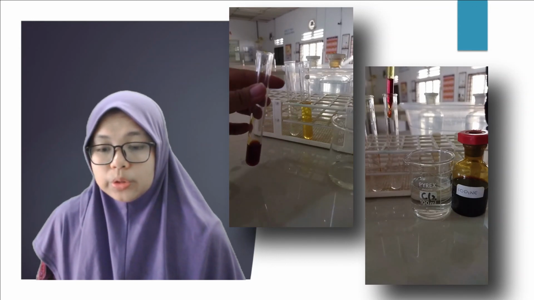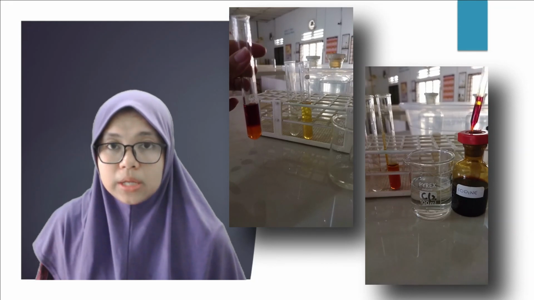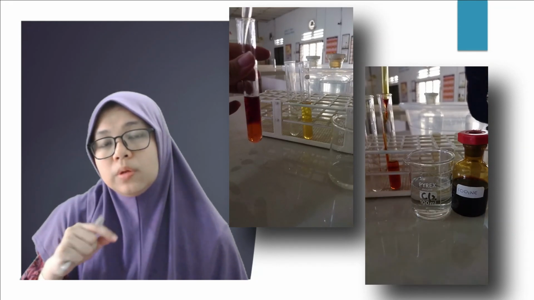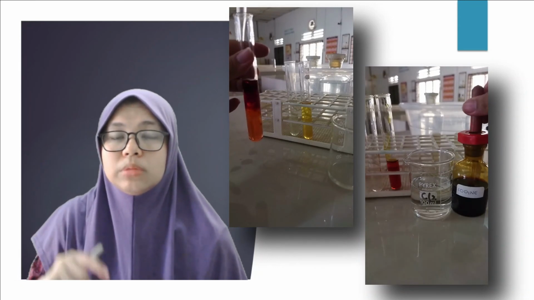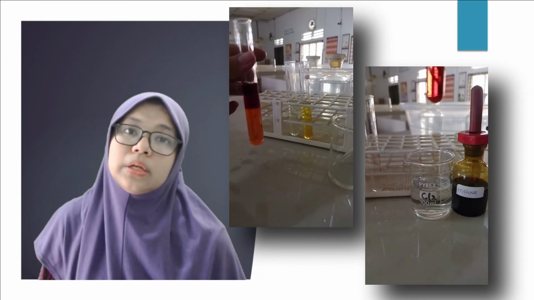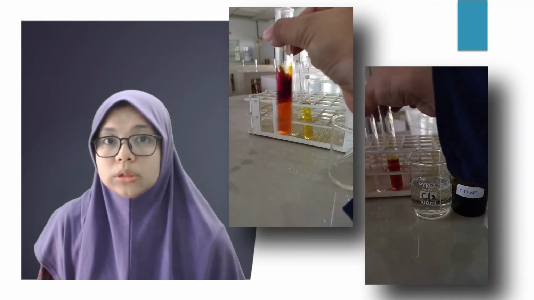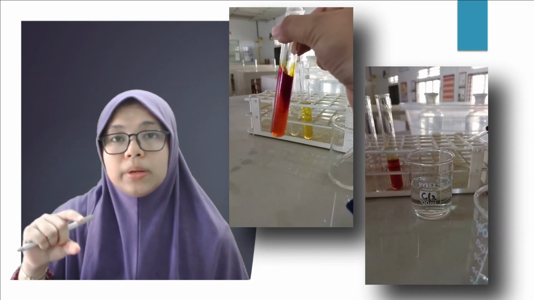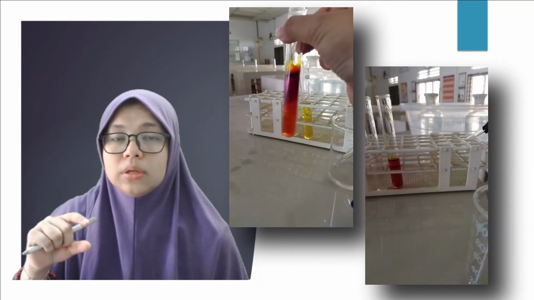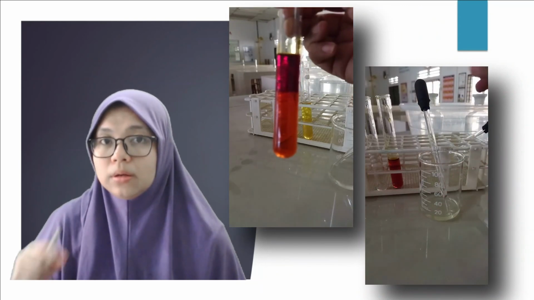Okay, so you can Google up the video on this reaction, but note that if you have the purple color on the upper side of the test tube, it means that the organic solvent that they are using is less dense than water. So the upper part can be the organic solvent if the organic solvent is less dense than water.